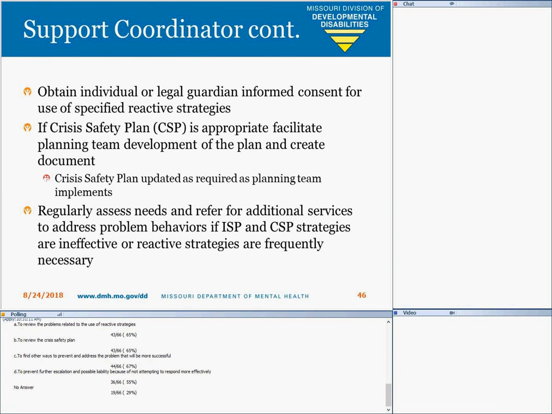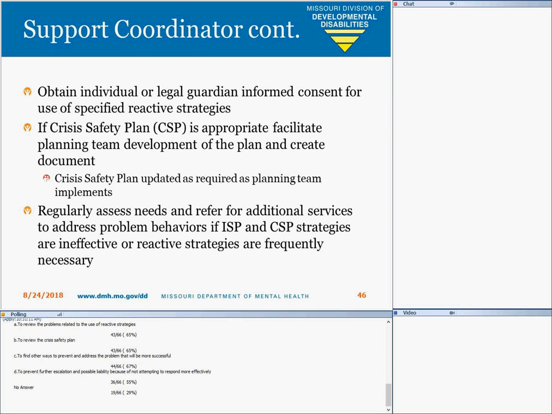The support coordinator also, of course, has to obtain individual and legal guardian informed consent for the use of those restrictive reactive strategies. They facilitate the planning team development of the safety crisis plan, and they create the document. So the physical document is created by the support coordinator, just like the physical document of the individual support plan is created by the support coordinator with the planning team.